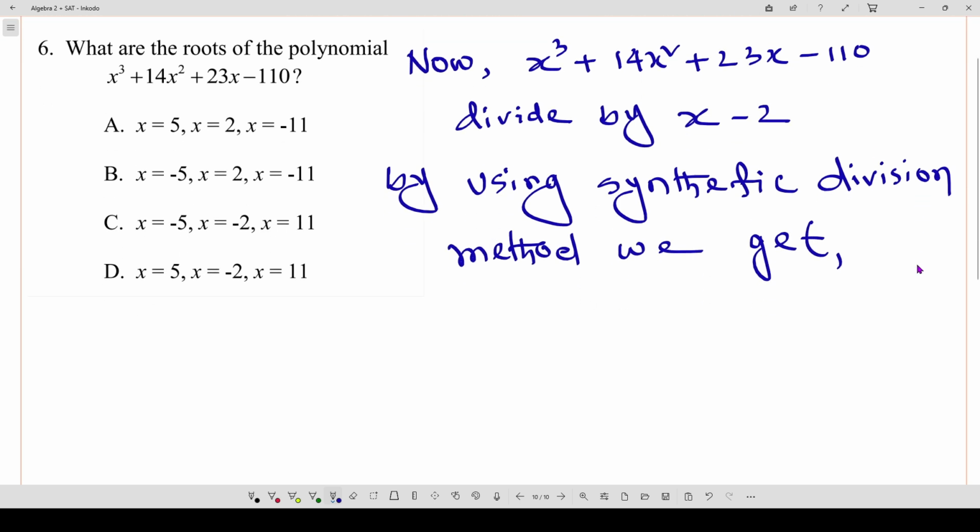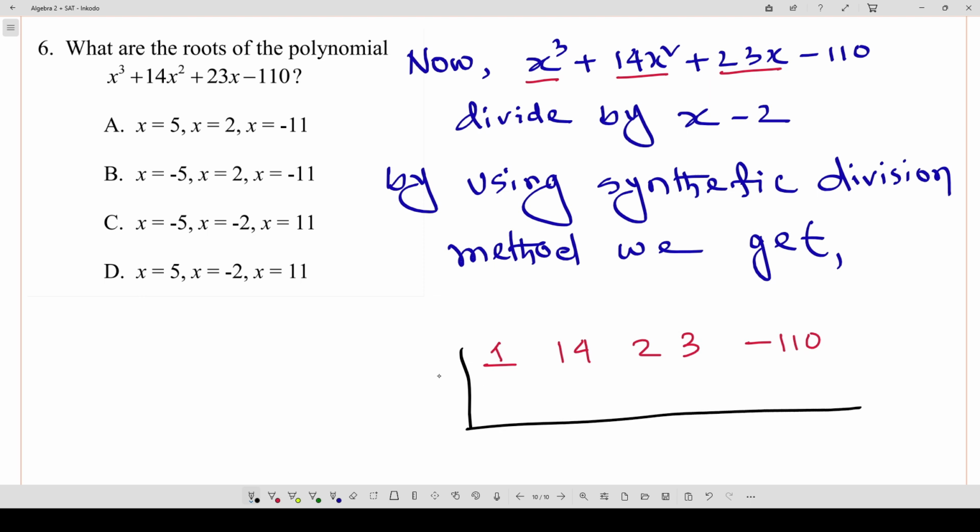first we have to write the coefficients of this expression. Here x cubed gives 1, right? Then 14x squared, the coefficient is 14. 23x, the coefficient is 23. And minus 110 is the constant. And we divide by 2, since it is x minus 2. So here 1 will be unchanged.